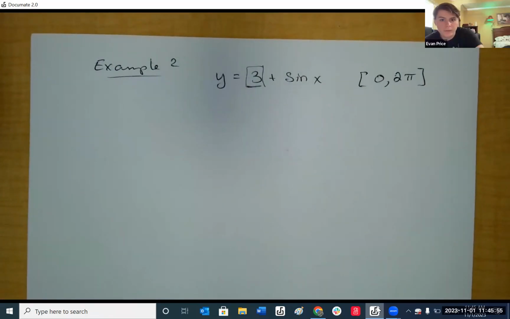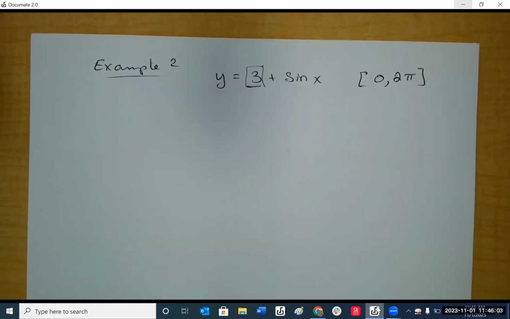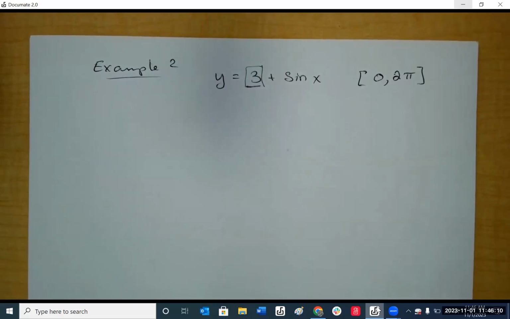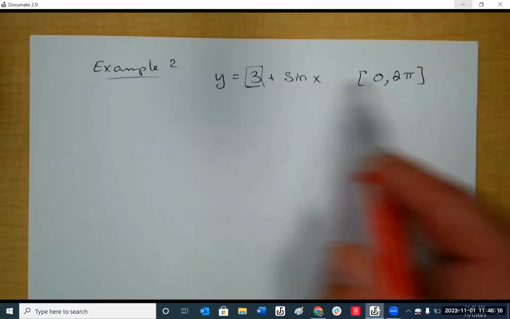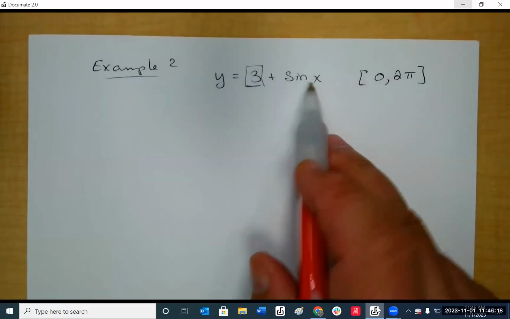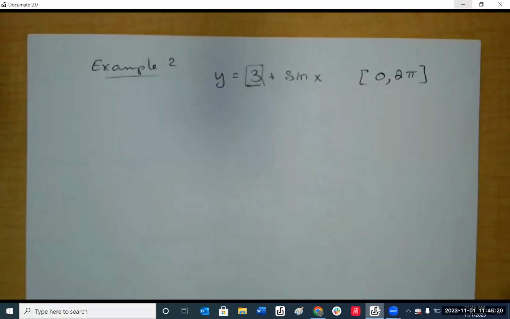The y-intercept. No. Oh, it's going to be the vertical shift, right? Yeah, vertical shift. And in this case, since the sine function crosses at 0, the origin, that's also going to be our y-intercept.